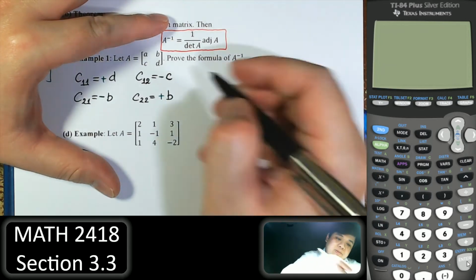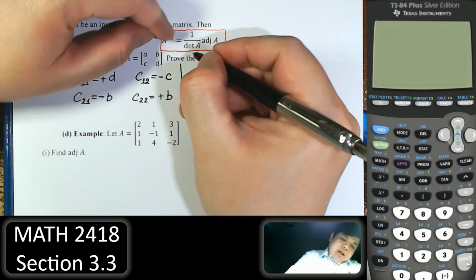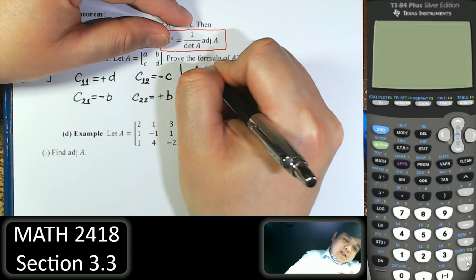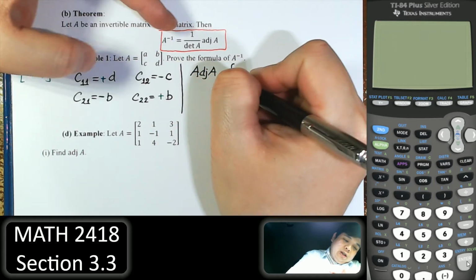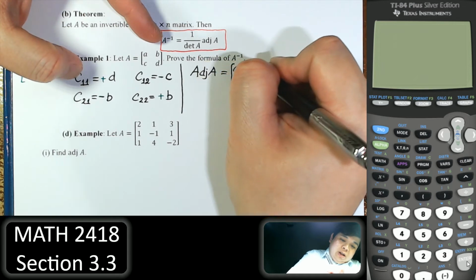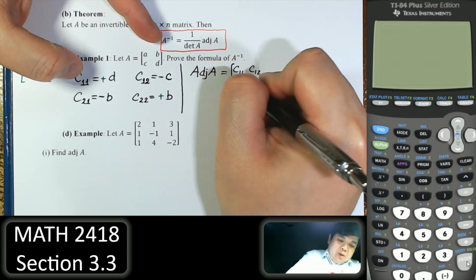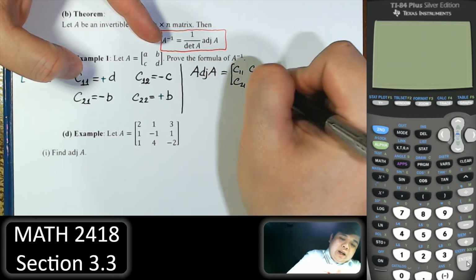Now, after that, we can form the adjugate of A, which is equal to the matrix of C11, C12, C21, C22, and then we have to transpose it.